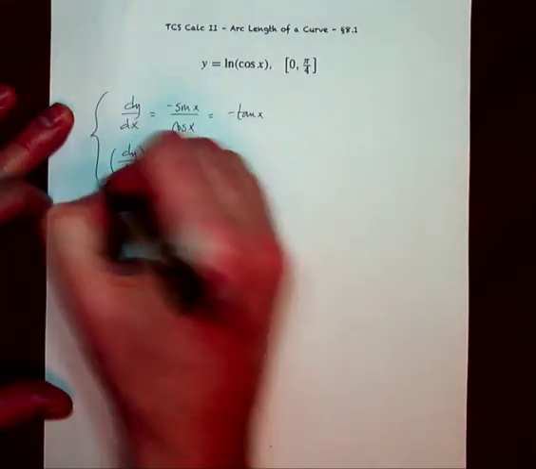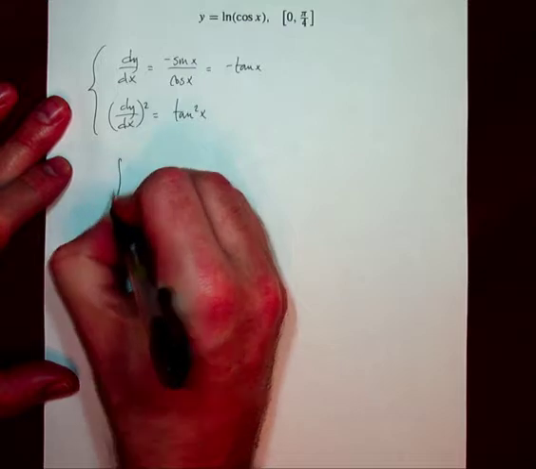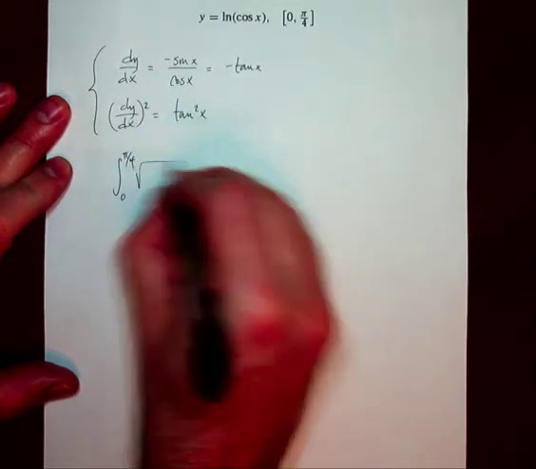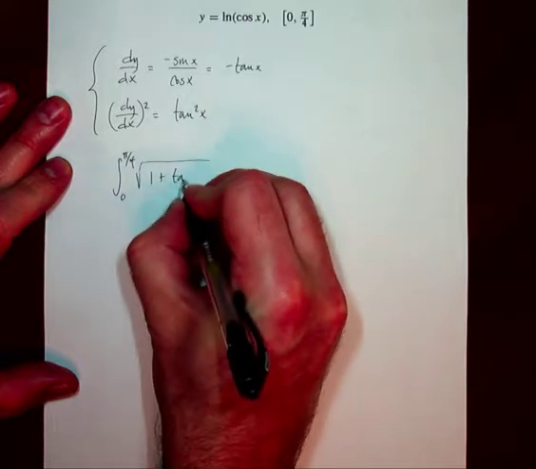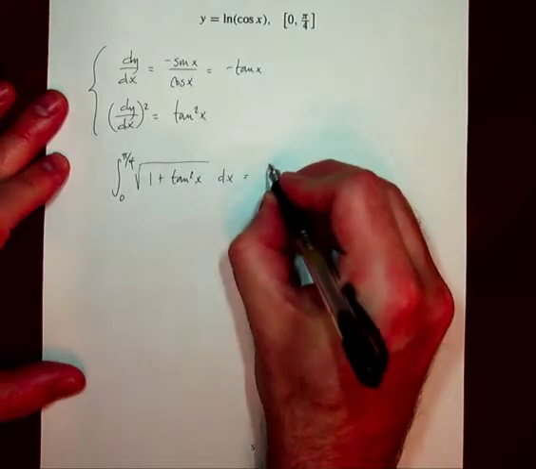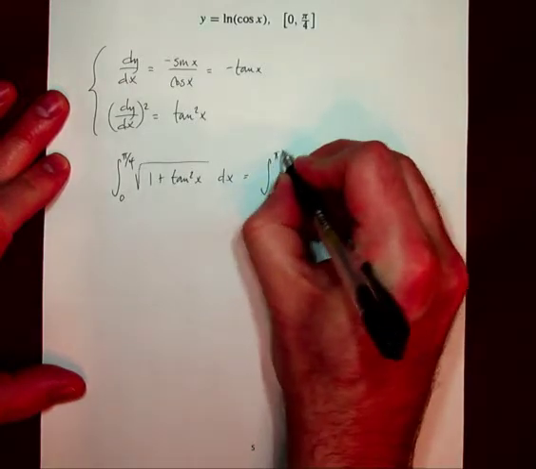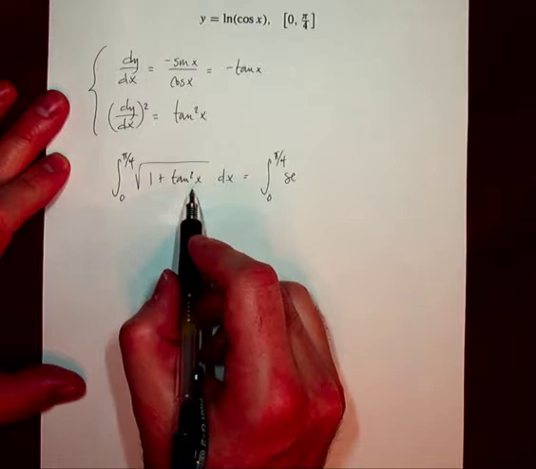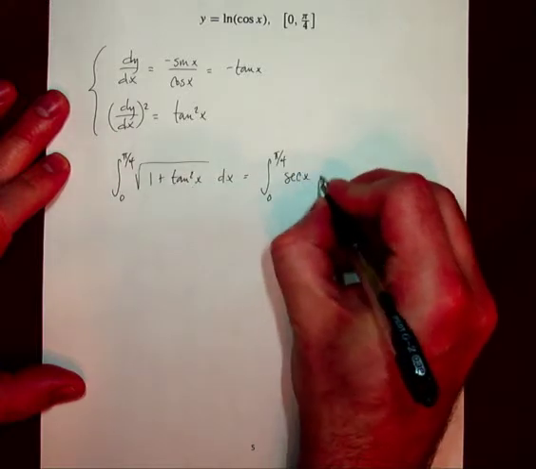Well, what that means is that when I put it in the integrand, underneath that radical, it's 1 plus tangent squared x. Oh my gosh, doesn't that just look pretty? I'm going to go 0 to pi over 4, and of course 1 plus tangent squared becomes secant squared, the square root of which is just secant.